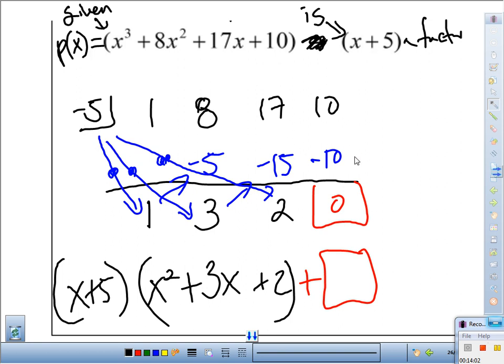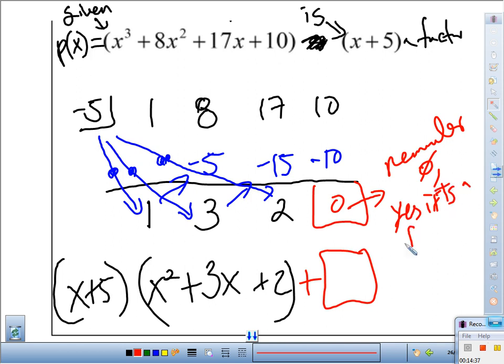Well, we divide it to see if it is a factor. How do we know if it's a factor, Mr. Q? If at the end we have remainder of 0, then yes, it's a factor. So what does that tell you?